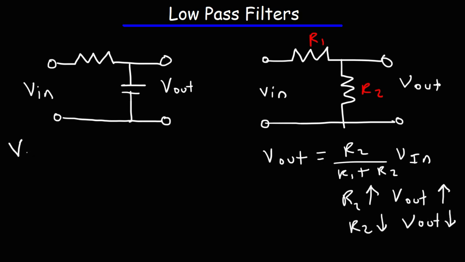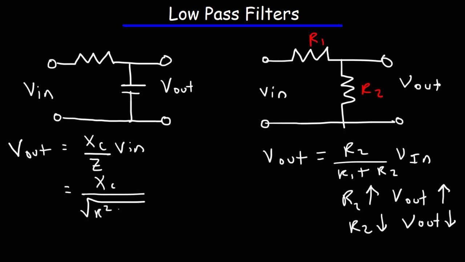Now for the circuit on the left side, the output voltage is going to be the capacitive reactance divided by the impedance, times the input voltage. The impedance is equal to the square root of R squared plus (XL minus XC) squared. Because we don't have an inductor in this circuit, XL is 0. But what you need to understand is this.